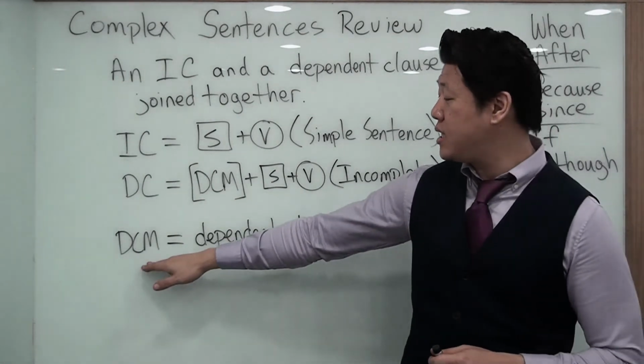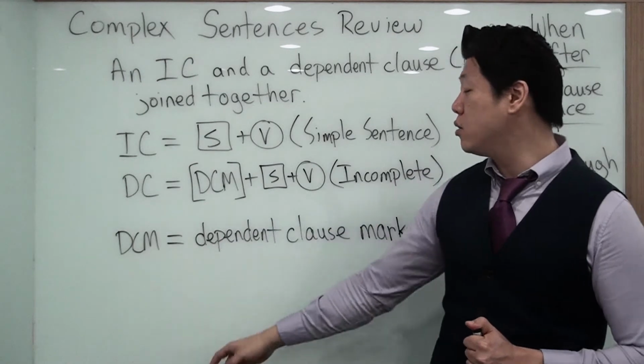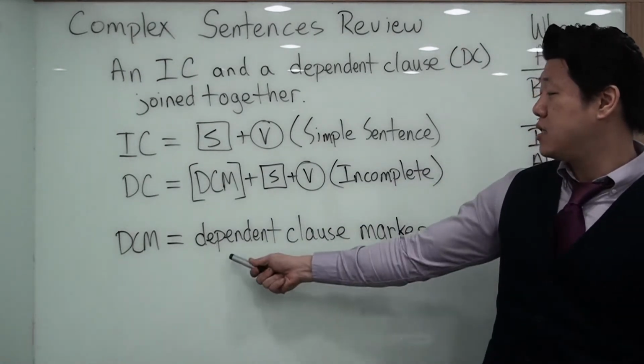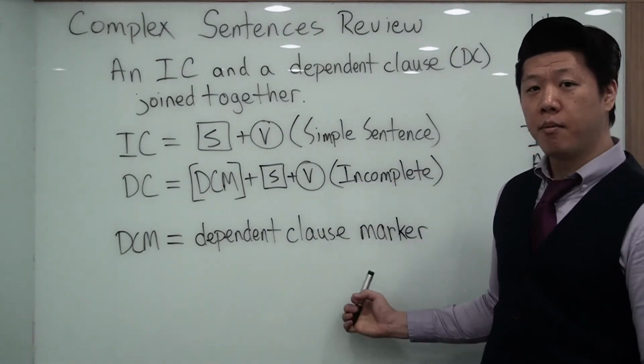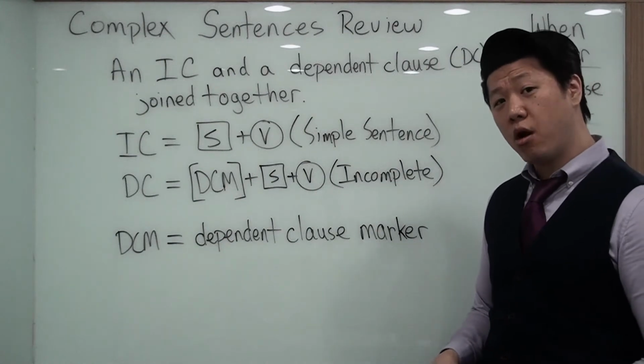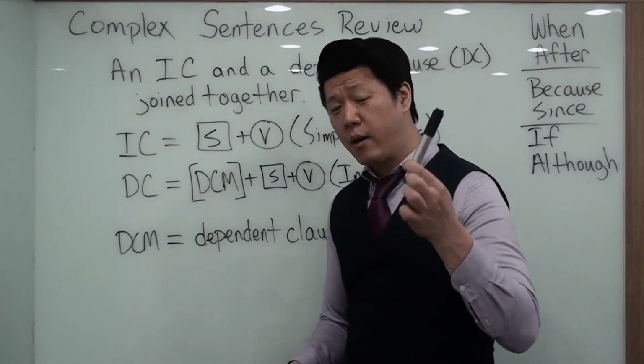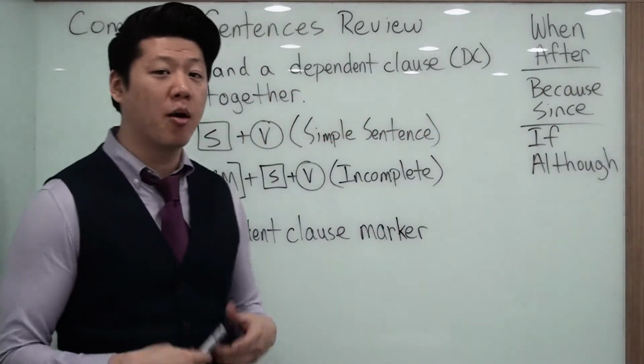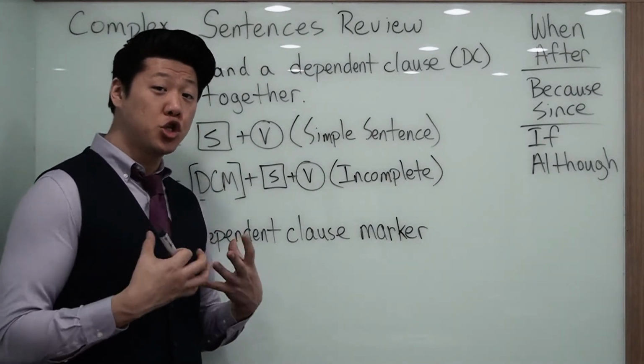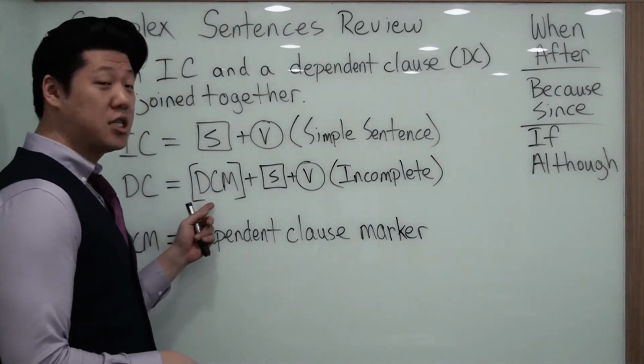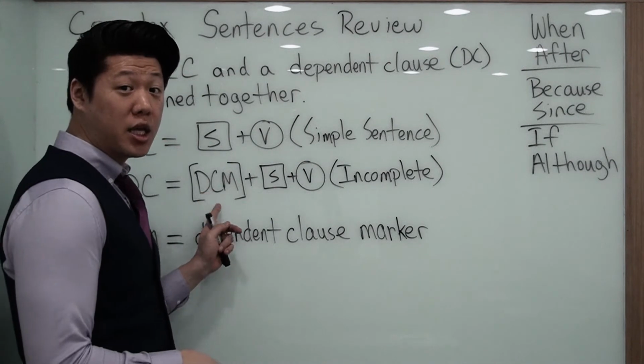So what is a DCM? This is new for some of you. A DCM is a dependent clause marker. What is a marker? This is a marker. However, we also have words that are marker words to show us that the clause itself is not a complete thought.